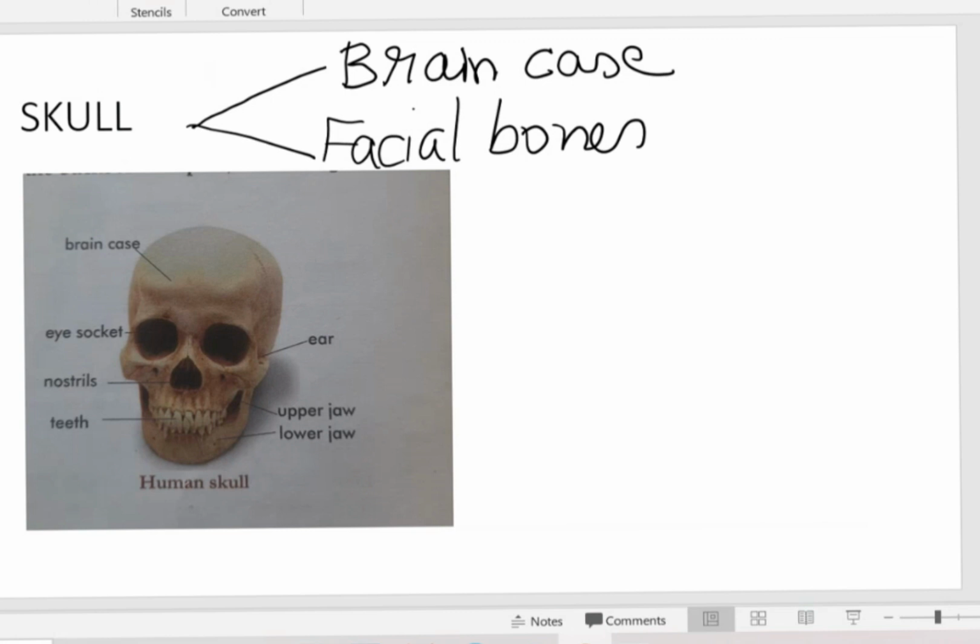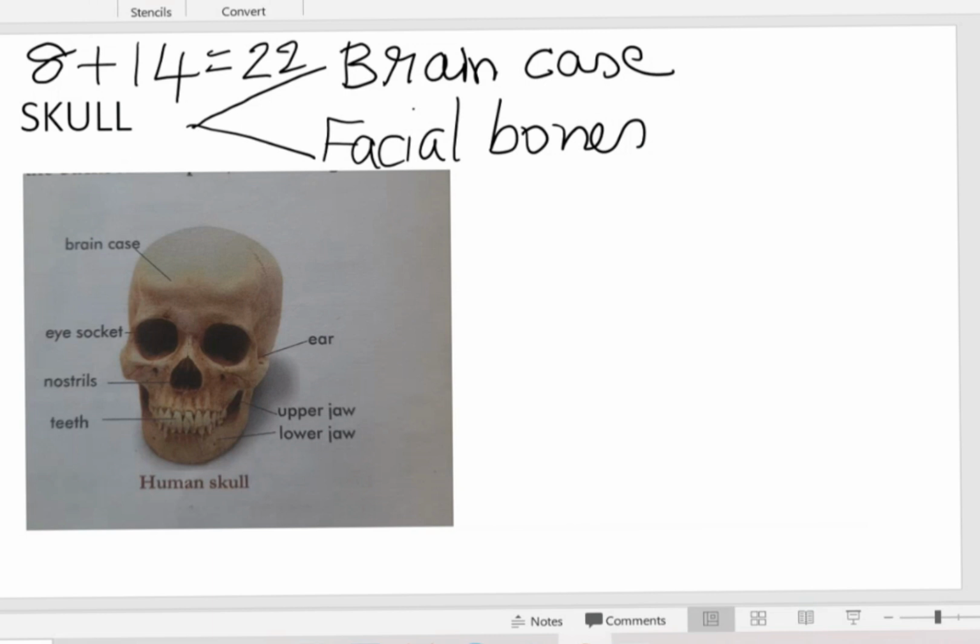How many bones are associated with the skull? The total number is 8 plus 14. So in total it makes 22. So 22 bones are present in your skull.